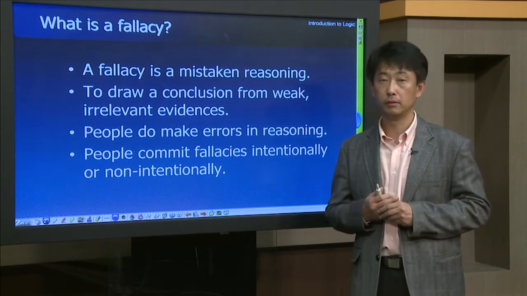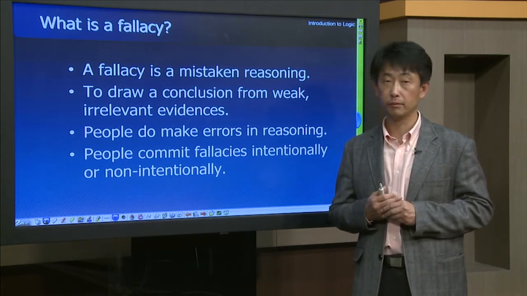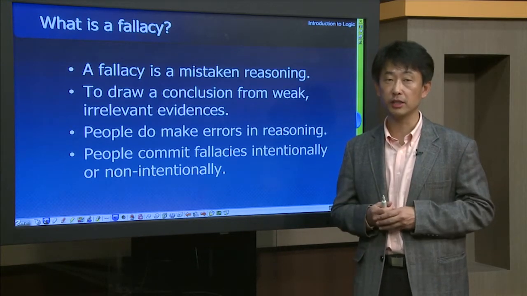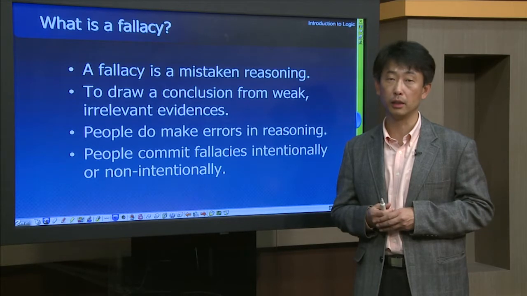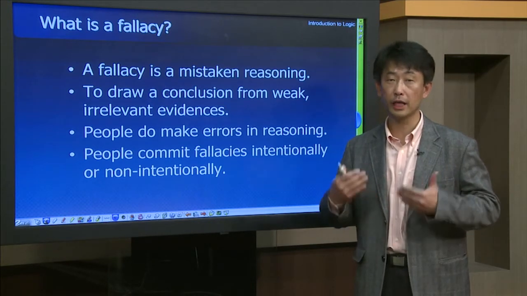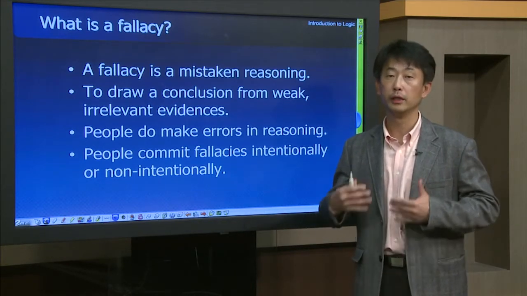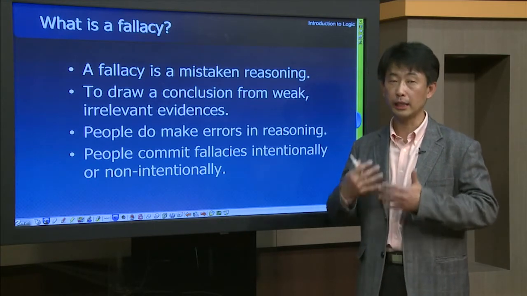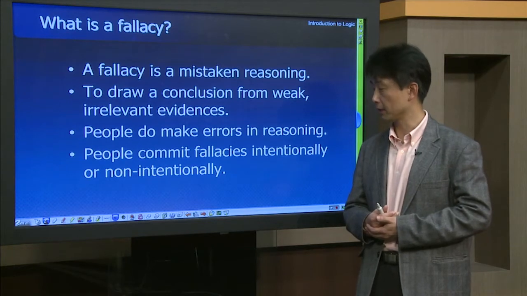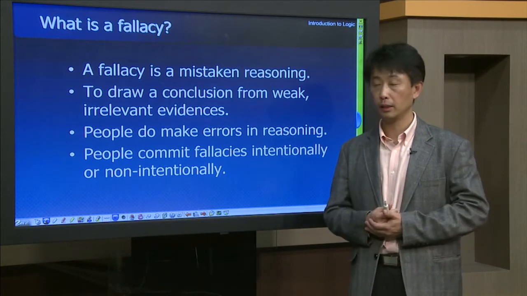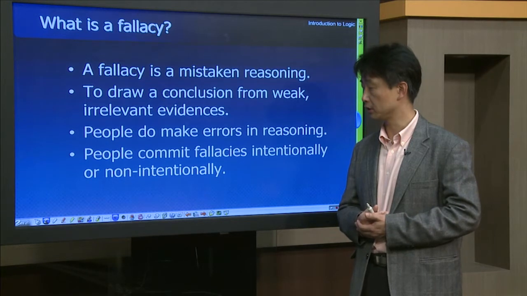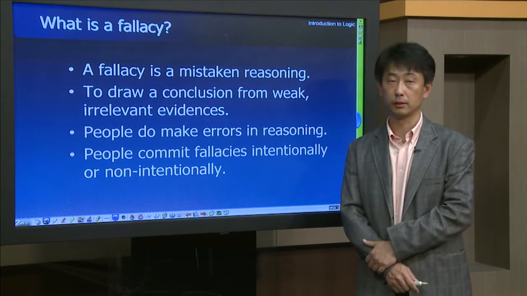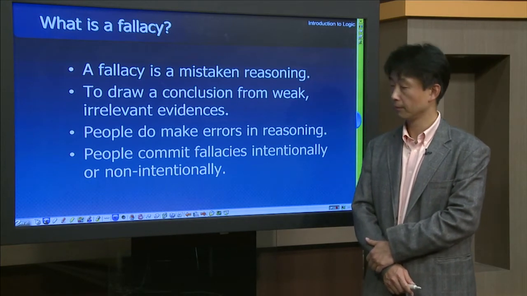They recognize that they don't have sufficient evidences to back up a claim, but nonetheless they try to persuade you. They want you to accept a certain conclusion. So they intentionally commit fallacies. But most of the time, people commit fallacies non-intentionally, without knowing that they are committing a fallacy.